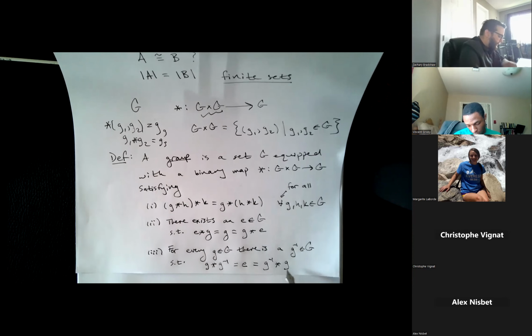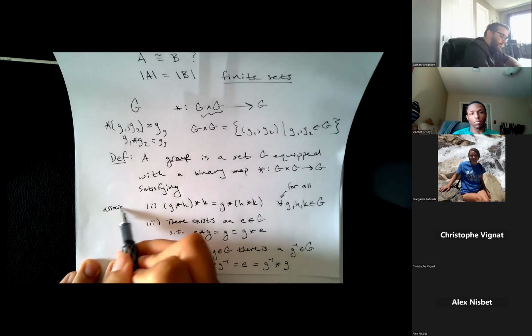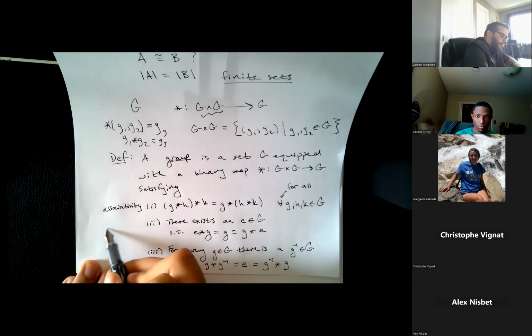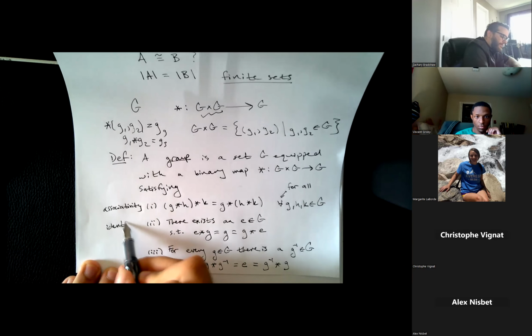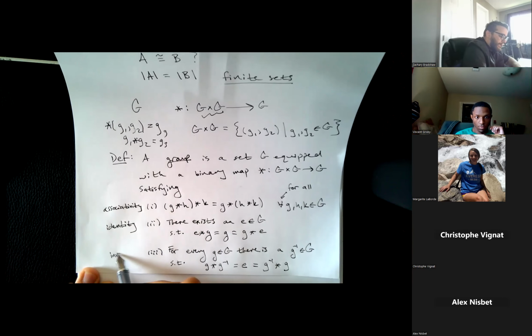And the same for the other direction. So this is associativity. This is the existence of an identity. And this is invertibility.